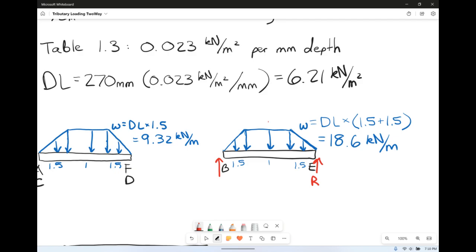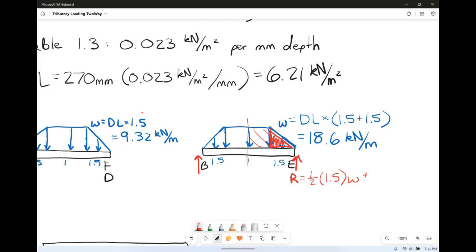Because this is an absolutely symmetric shape, I do know that half of this is going to apply to one of my reactions and the other half is going to go to the other side. Again, this is only the case because this is a purely symmetric shape. And if you don't trust it, you can always sum the moments and find out the truth. I'm going to start with the triangle. The triangle is 1/2 times the base of 1.5 times the height of W. Then I need half of that rectangle.